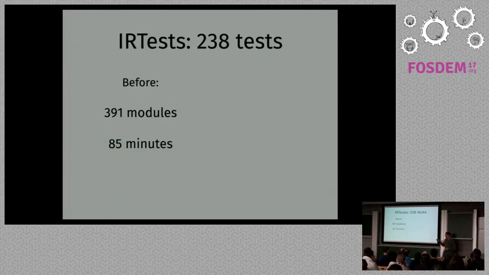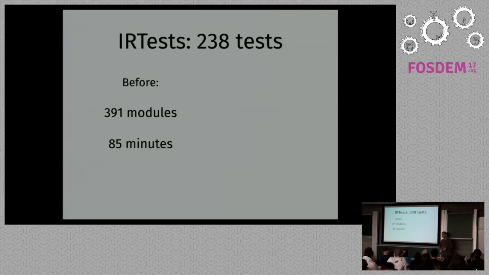Yeah, this optimization is actually still experimental. It's a bit more tricky than I thought before, and it has some problems, but it is definitely the way to go. So for example, on this slide, we took some subset of tests from LLVM itself, the target called IR tests, and we took 250 tests.